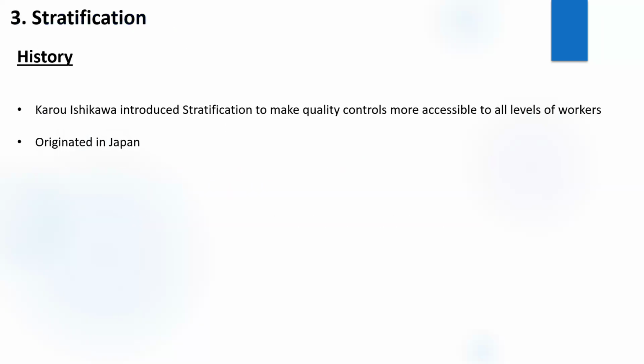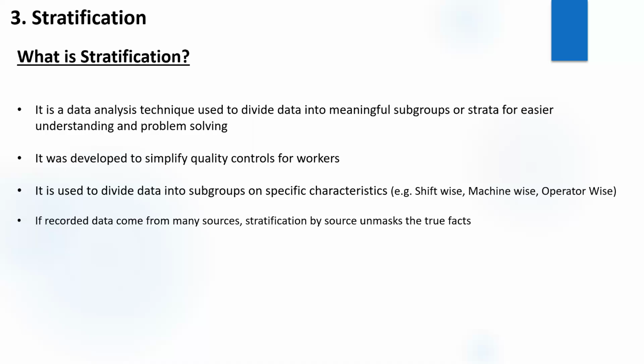Then we saw stratification. Some people are saying the flowchart is one of the seven tools, and some people are saying stratification. So we have decided we will study both. Kaoru Ishikawa introduced stratification, and he used it to make quality control more accessible to all levels, particularly the workers. This concept originated in Japan. What is stratification? Strata means a subgroup or group of data.